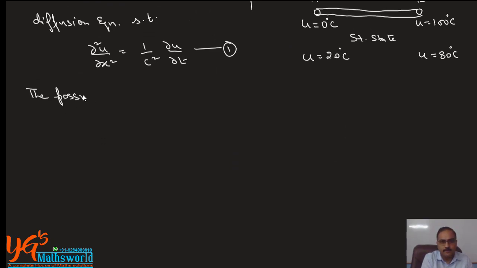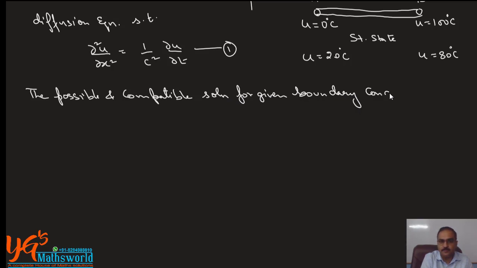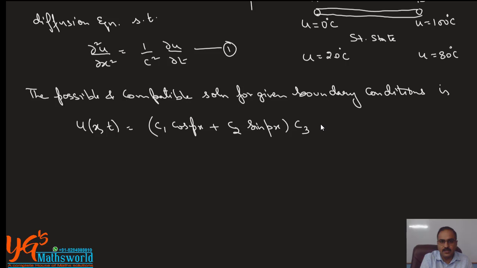The possible and compatible solution for given boundary conditions is u(x,t) = (c1 cos px + c2 sin px) · c3 e^(-c²p²t). That is your equation number 2.